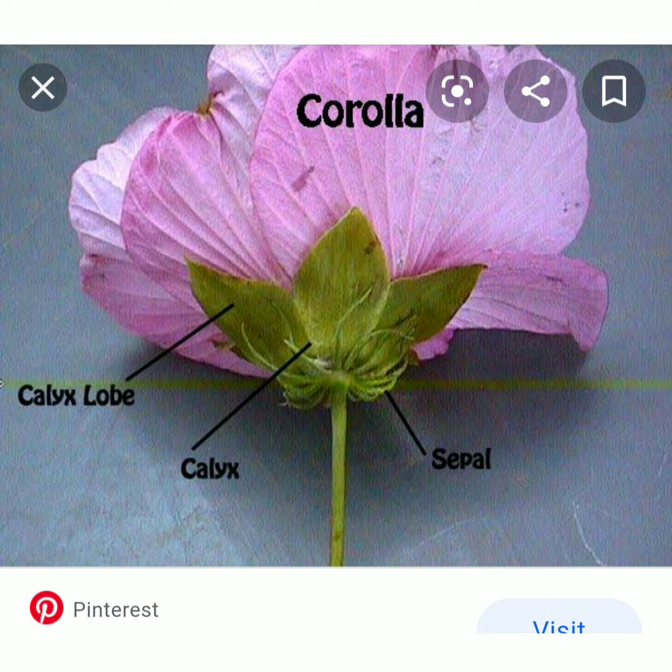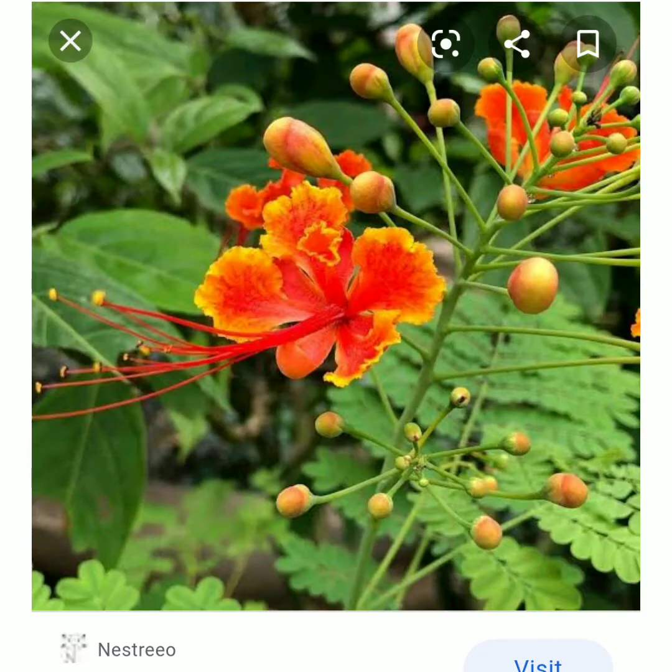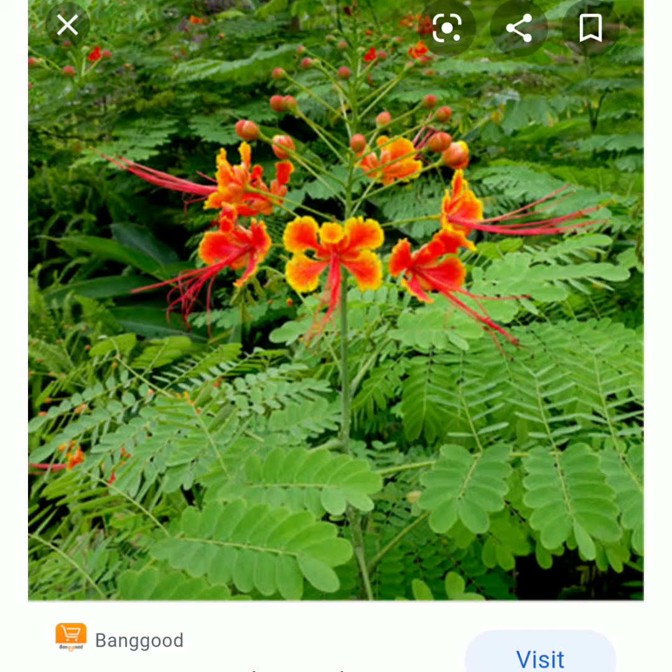For example, let's consider a Caesalpinia flower. In common, we call it Rajamalli. So this is a Rajamalli flower. You can see the longer filaments of the stamens protruding outwards, right? It is a speciality of the Rajamalli flower.